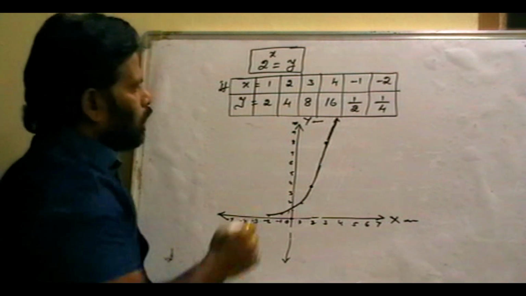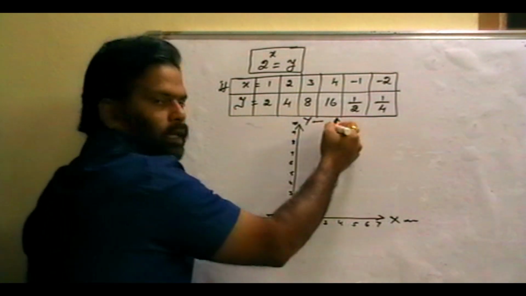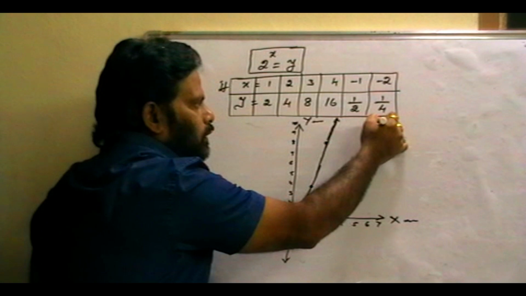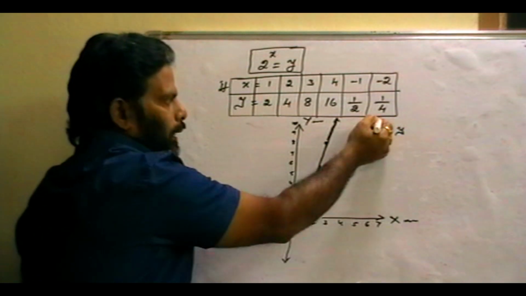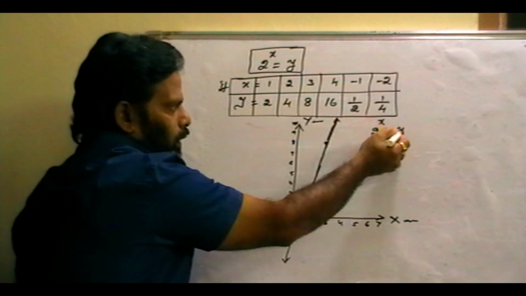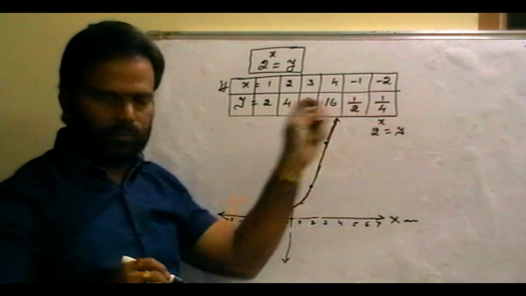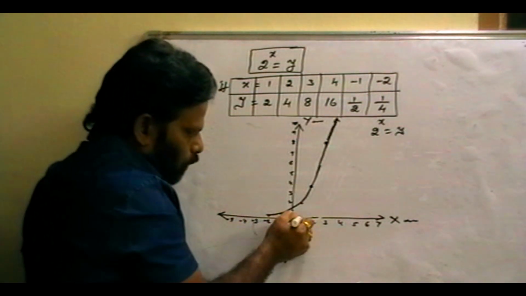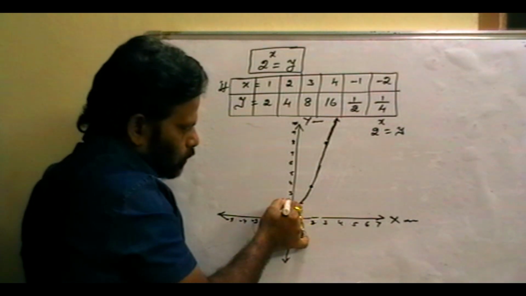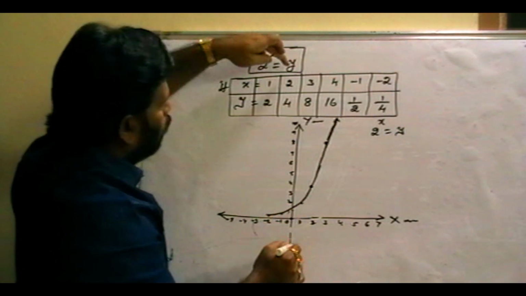Okay. So on this graph, what is the graph? It is 2 to the power of x is equal to y. So x is a power, y is a value. If x is equal to 1, y value is 2. That means 2 power 1 is equal to 2.